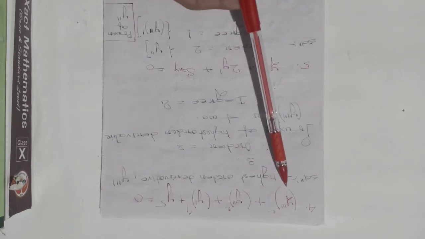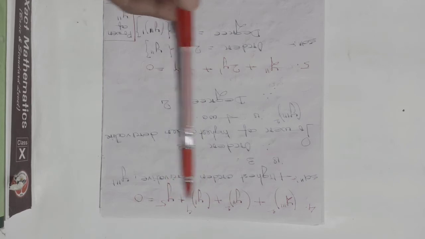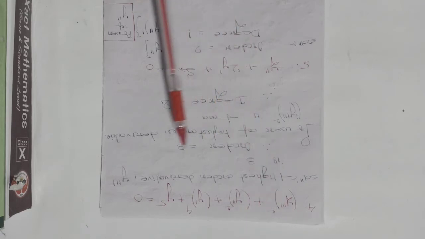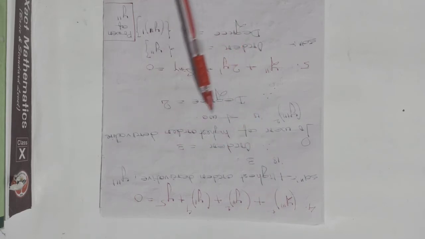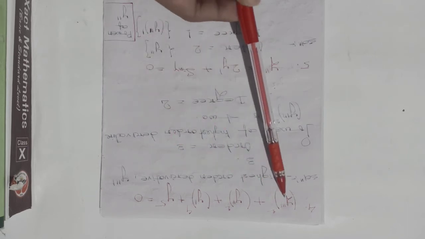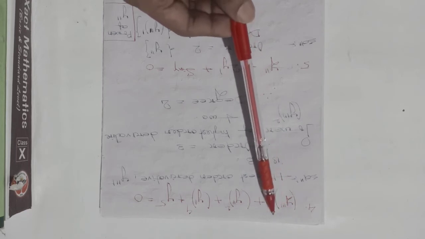Next one, you can see y triple dash squared, so it is a third order derivative, second order derivative, first order derivative. So the highest order is 3, so the order of this differential equation is 3, and the power of the highest order derivative is 2, so degree is also 2 in this equation.